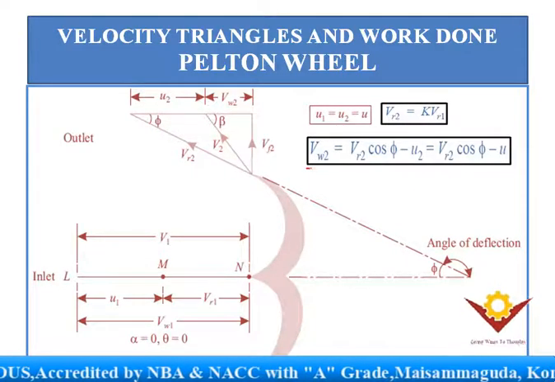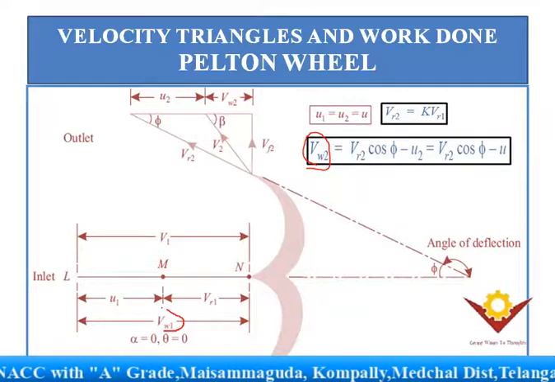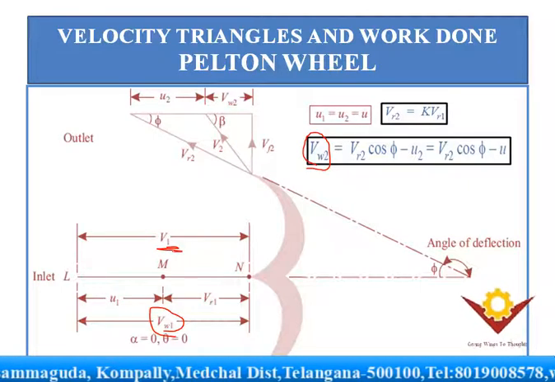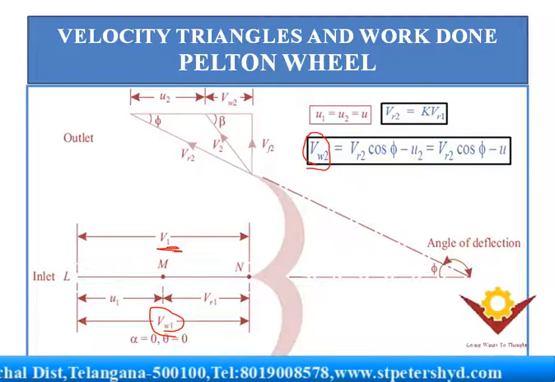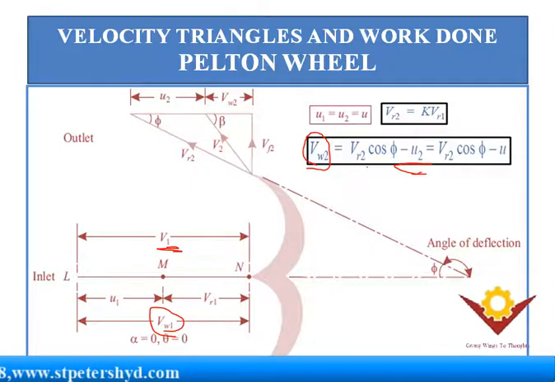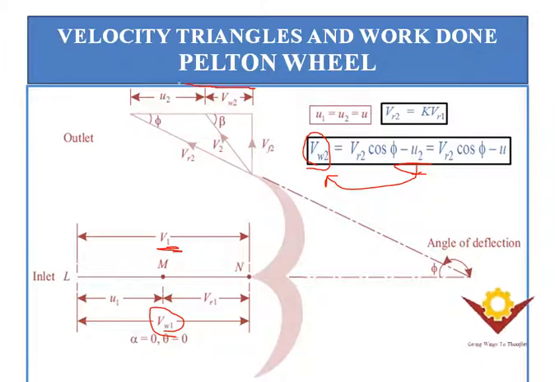We'll see the relation for VW2. We know VW1 is directly V1 for the Pelton wheels; you have to note that this is only for the Pelton wheels. First, bring this U2 to this side. It becomes VW2 plus U2.